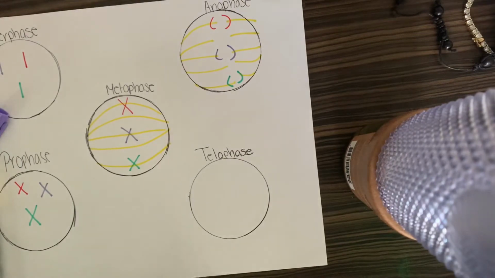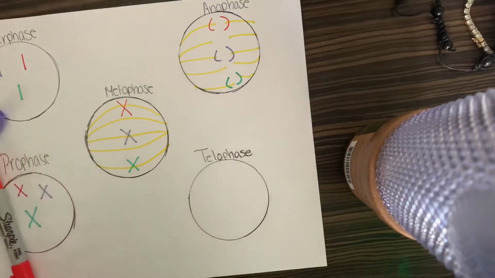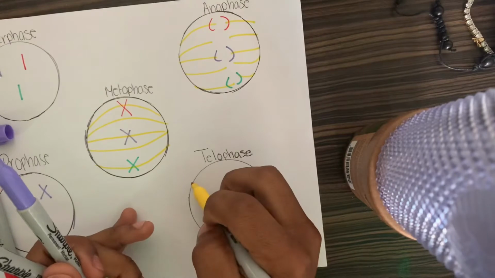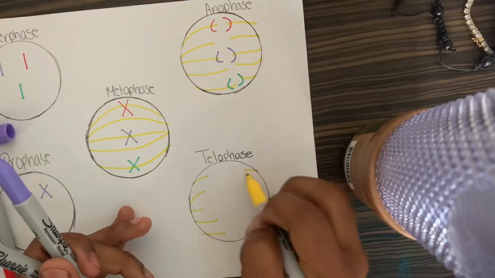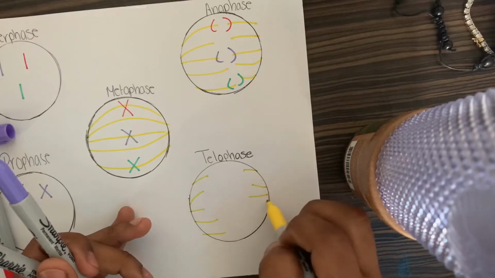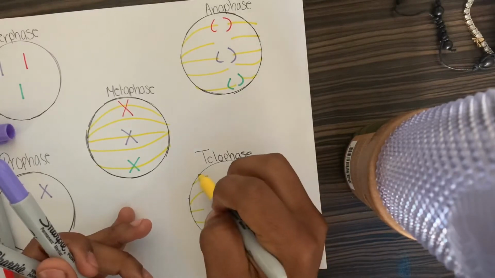And then finally during telophase is when the chromosomes are pulled apart even more, but they start to actually separate into 2 different cells.